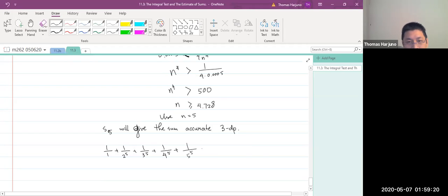This approximates the total sum, accurate to 3 decimal places.